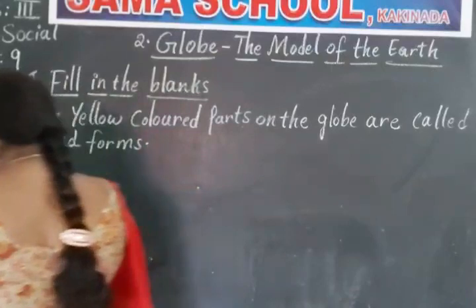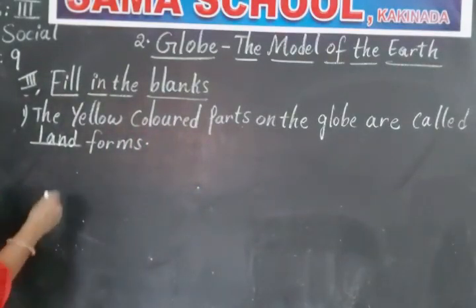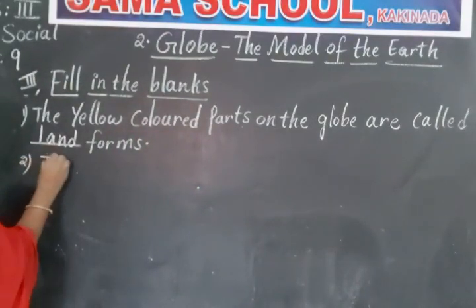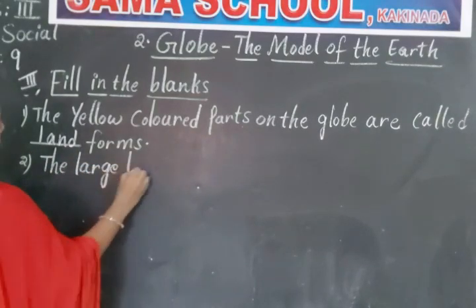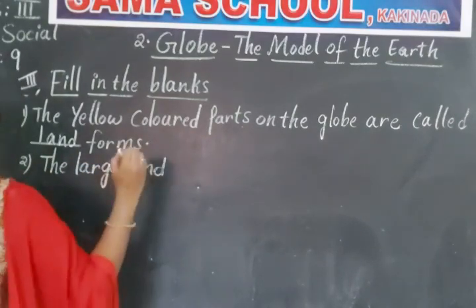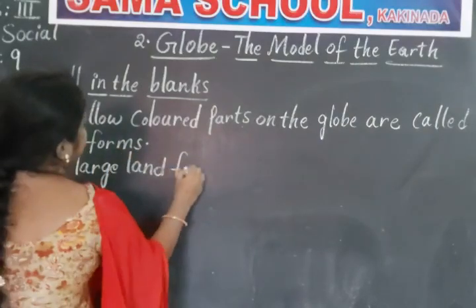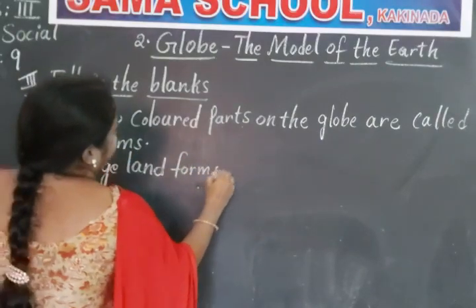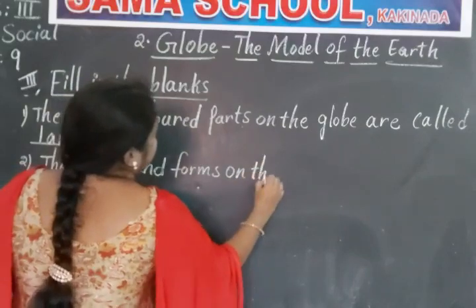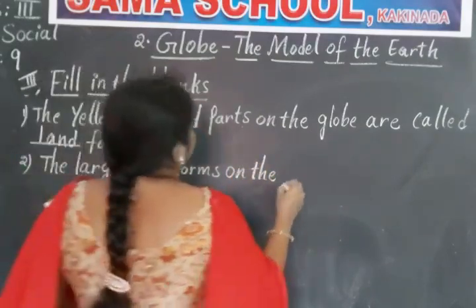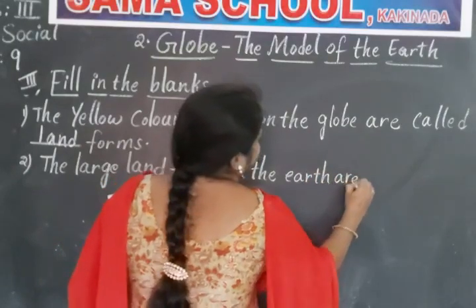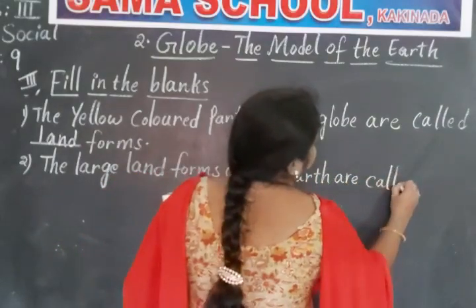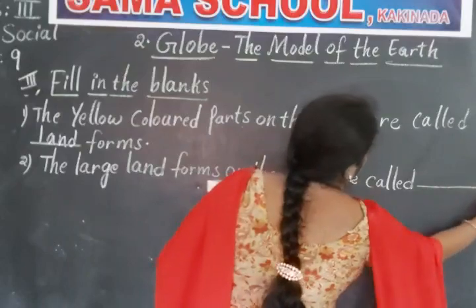See the next one. The large landforms on the earth are called dash.